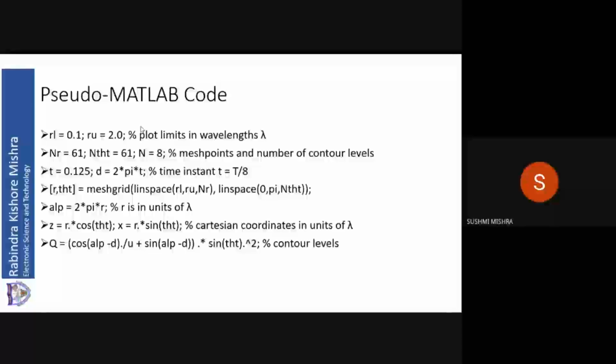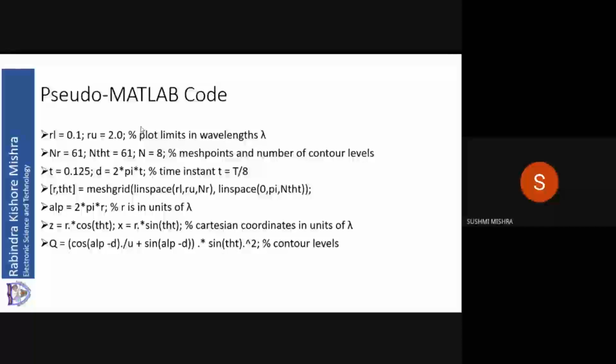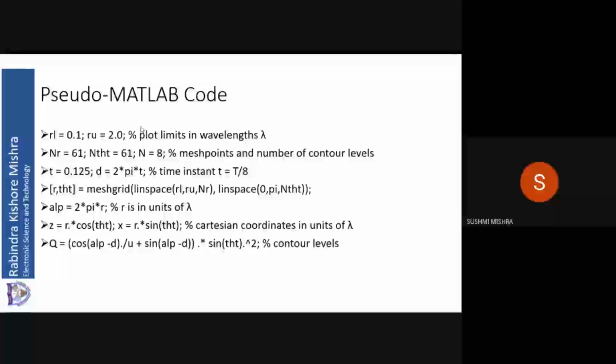For example, if I have a vector x equal to 1, 2, 3 and vector y equal to 2, 3, 4, then x dot slash y means 1 by 2, 2 by 3, 3 by 4. So each element is divided by the corresponding element. Similarly, dot star is element by element multiplication.